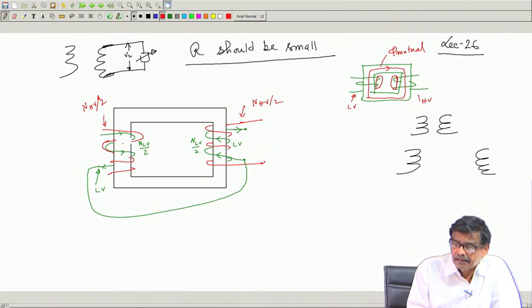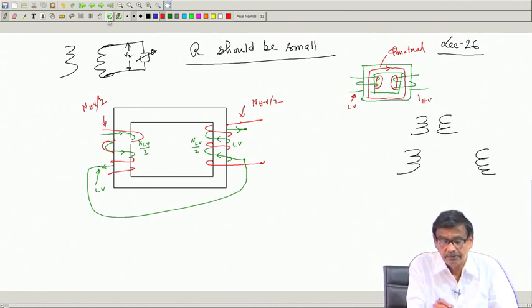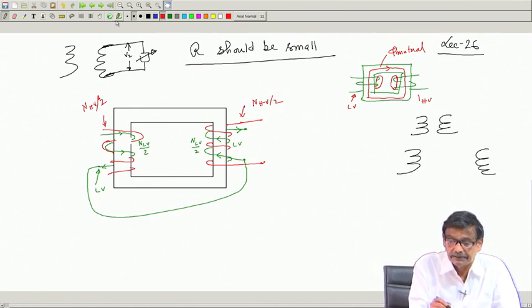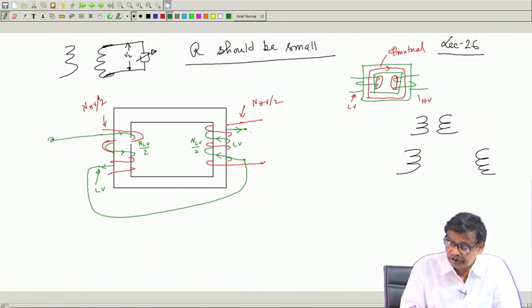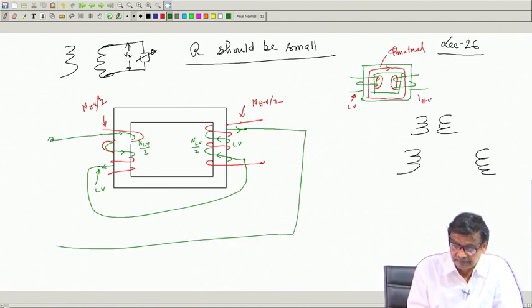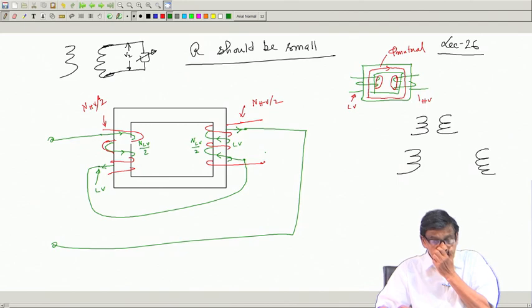Okay. Then ultimately after connecting in series, for example, for the LV winding you will get 2 terminals here. These are the 2 terminals of the LV winding. Similarly, the HV winding also can be connected in series, ultimately giving 2 terminals.